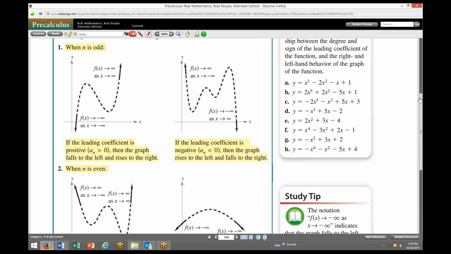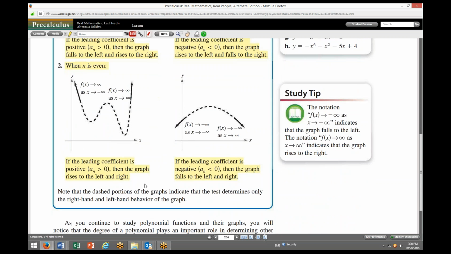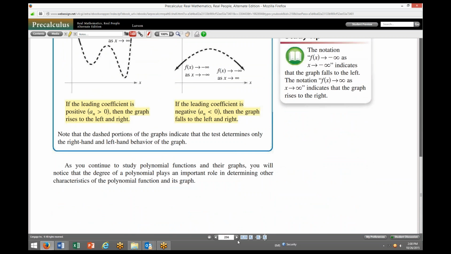That if the leading term's exponent n is odd, then when the leading coefficient is positive, it behaves like this. And if the leading coefficient is negative, it behaves ultimately up to the left and down to the right, like that one. And if it's even, if you have an even exponent, then ultimately it goes up to the left and up to the right if the leading coefficient is positive, and it ultimately goes down to the left and down to the right if the leading coefficient is negative, just like we've been talking about.